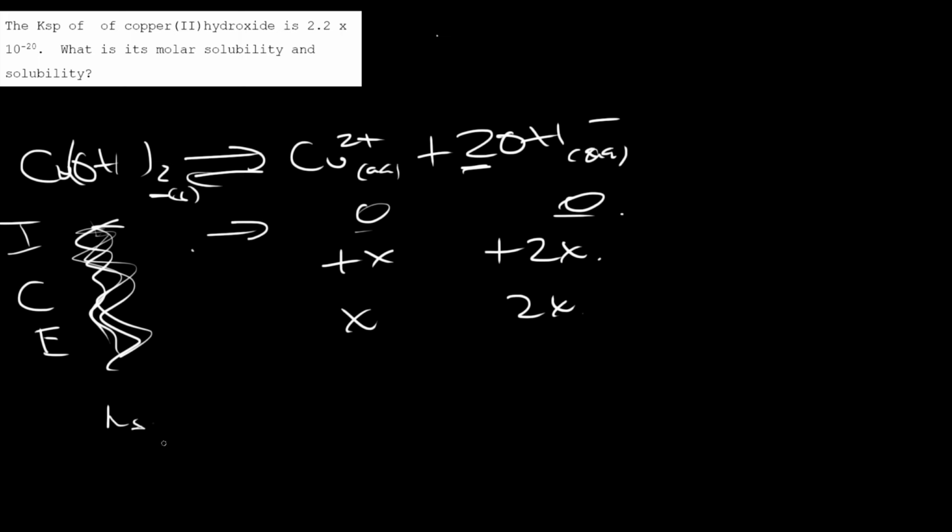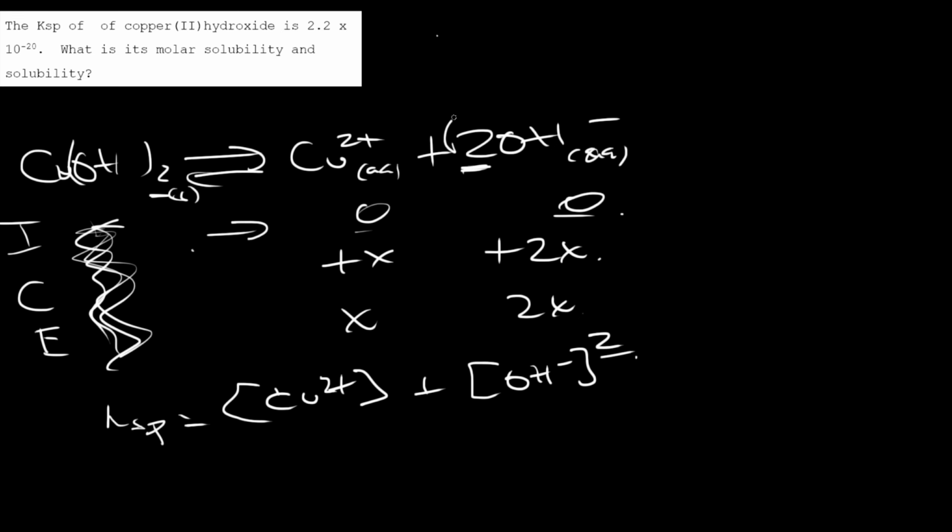Ksp is equal to the concentration of Cu2+ times OH minus to the second power, because there's a 2 here. It's a common mistake people make, so don't forget it.